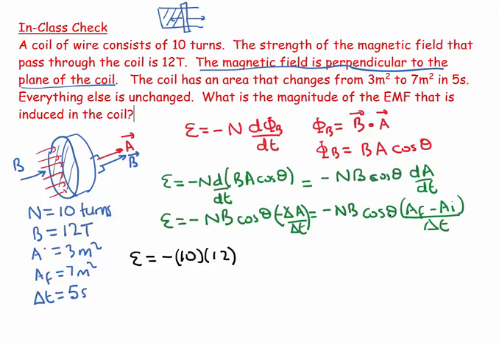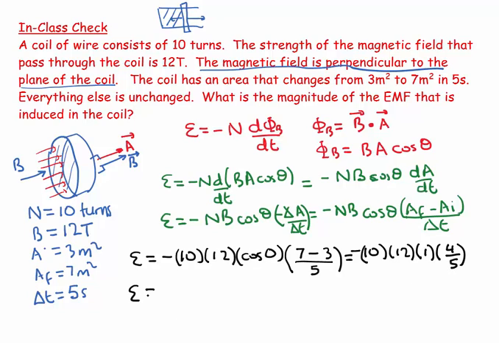And my cosine theta is going to be cosine, and we said that theta, the angle between these two, was 0 degrees, times my final area of 7 square meters minus my initial area of 3 square meters, over the time taken, which is 5 seconds. So that's going to be minus 10 times 12. Cosine of 0 is 1 times 4 over 5.